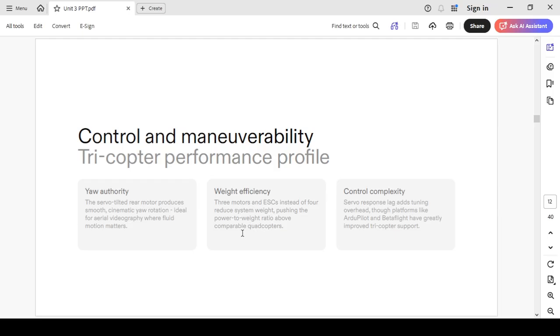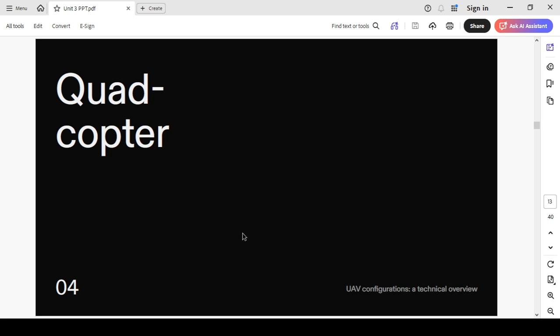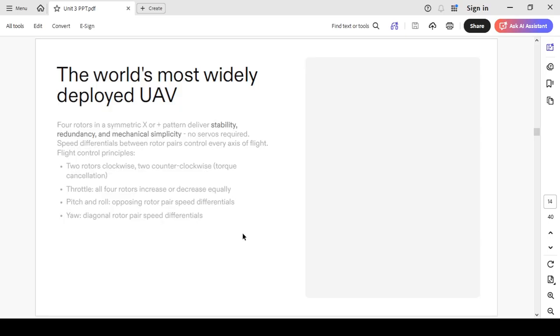I'll be showing you the Quad-Copter, which is with me right now. The Quad-Copter, by the name itself, suggests quad, where you have four motors and four propellers, mounted in the plus or the X configuration. Most drones or UAVs are based on this Quad-Copter arrangement only.